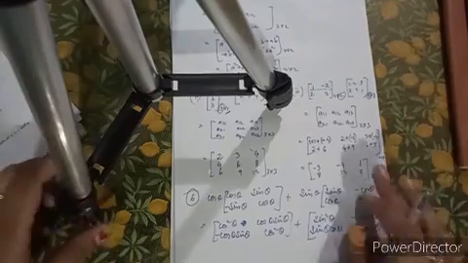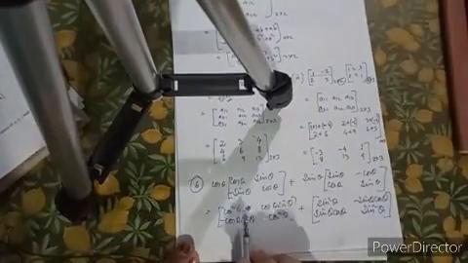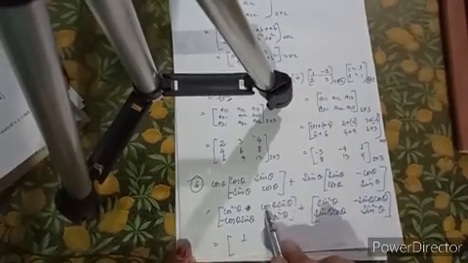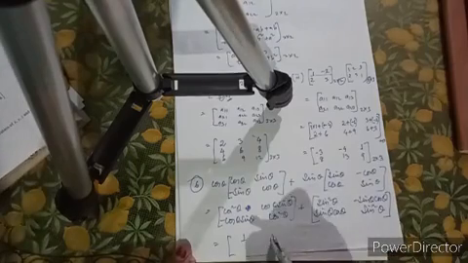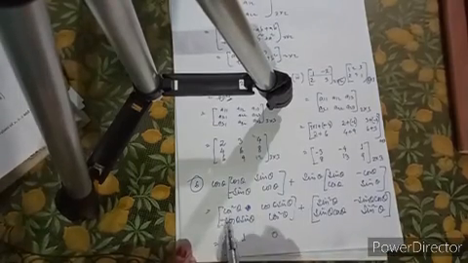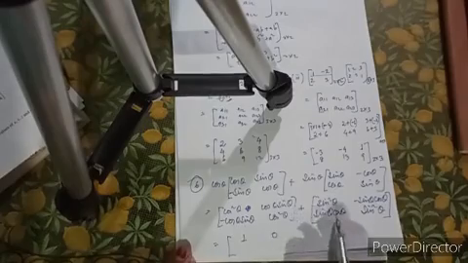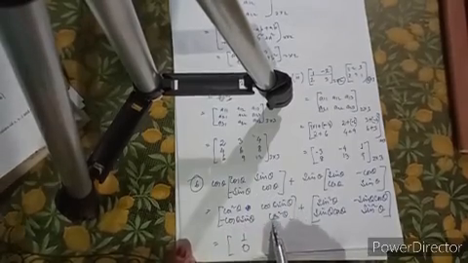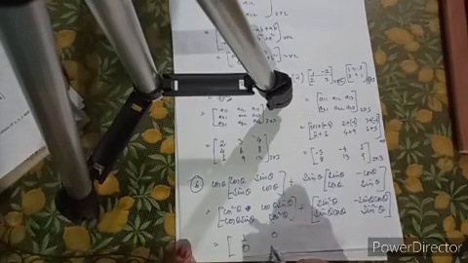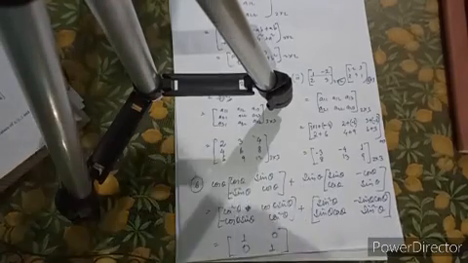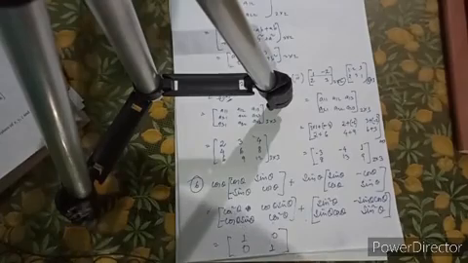Now you have to add the two matrices. Cos square theta plus sin square theta, we know as 1. Cos theta sin theta minus cos theta sin theta will be 0. Minus cos theta sin theta plus sin theta cos theta will also be 0. Then cos square theta plus sin square theta is 1. So this is the answer of our question number 6.